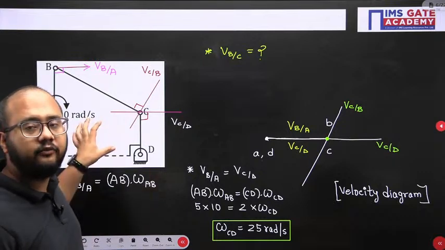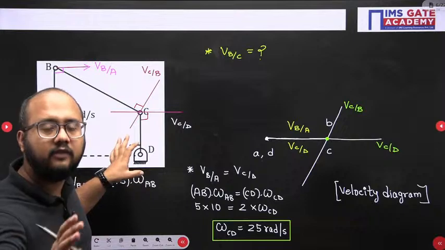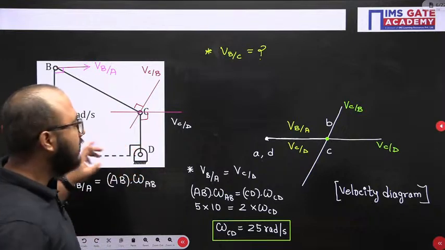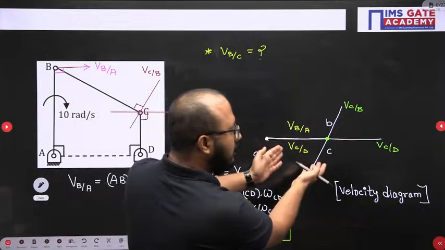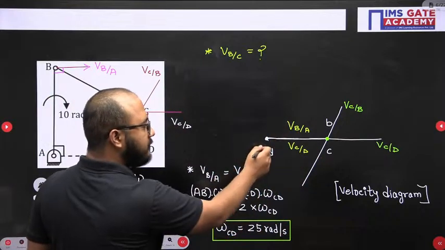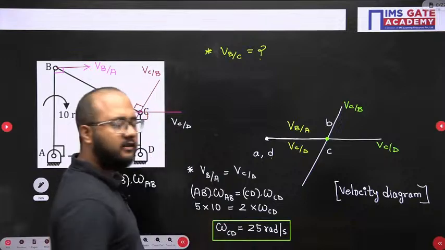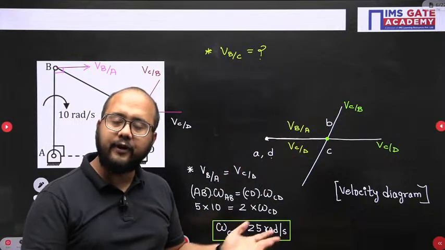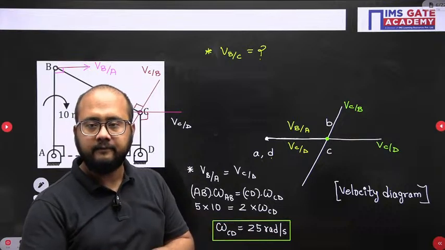If you have drawn correct velocity vectors, then all the velocity vectors you need to put here. For that, the first point is to mention the fixed points. Then one by one, all the vectors you have to show. And finally, you will get the velocity diagram.